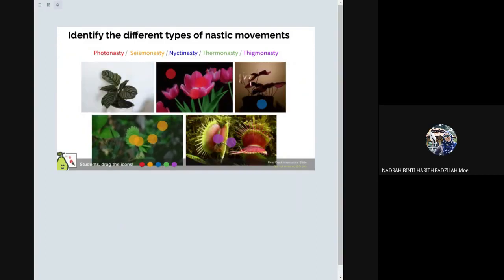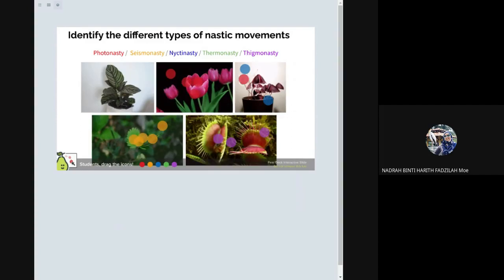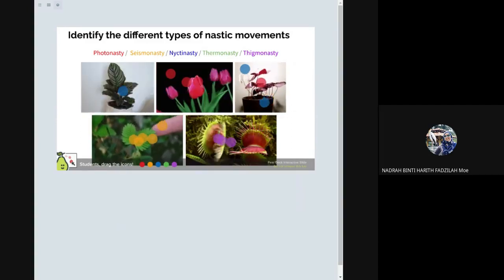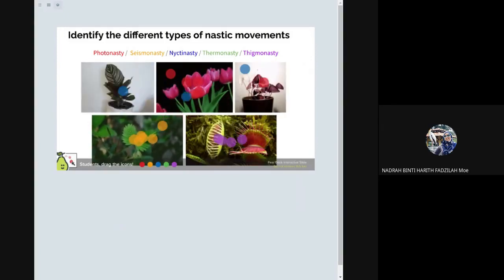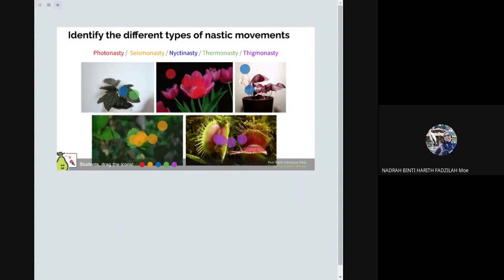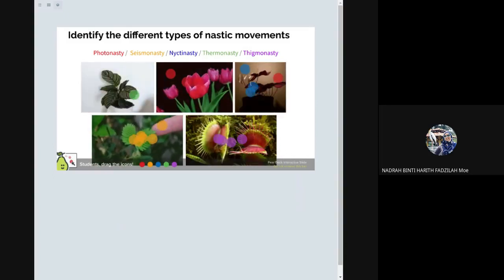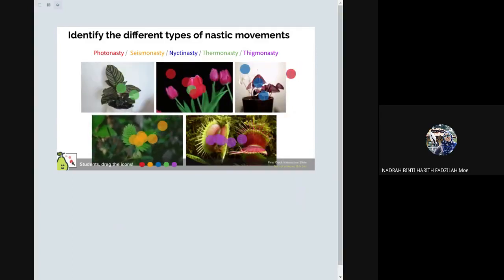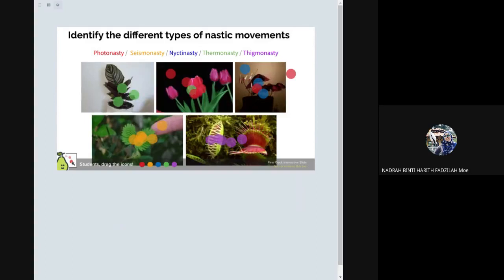Okey, gambar tulip tu adalah okey, thigmonasty pun senang kan nak cam? Dia confusing sikit personally lah bila saya study bab ni. Mungkin confusing sikit dekat photonasty dengan nyctinasty kot. Tapi saya sense ada lagi satu confusion ni.